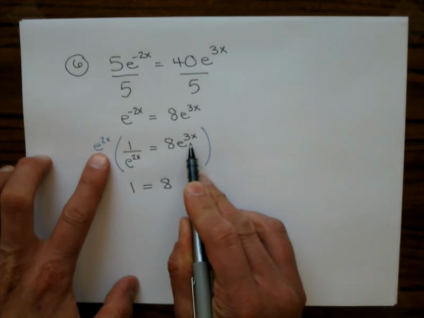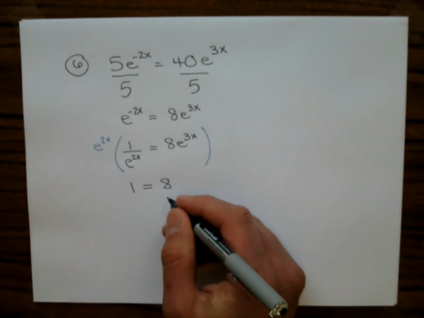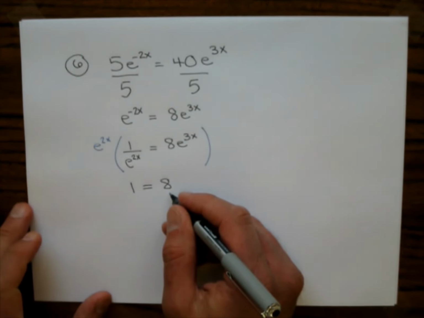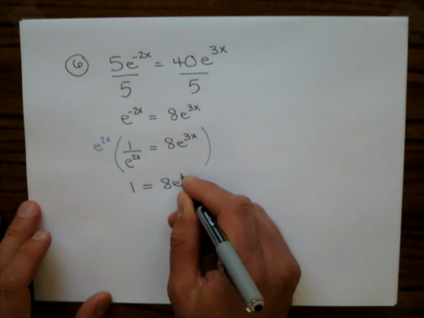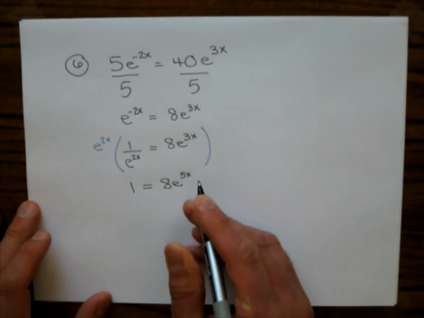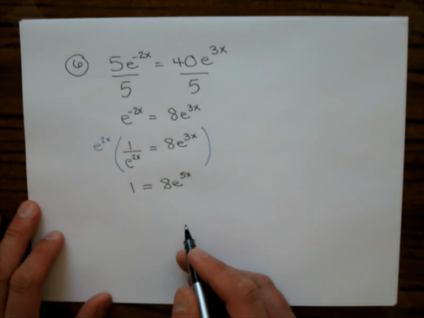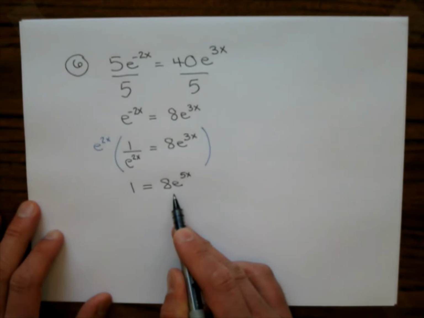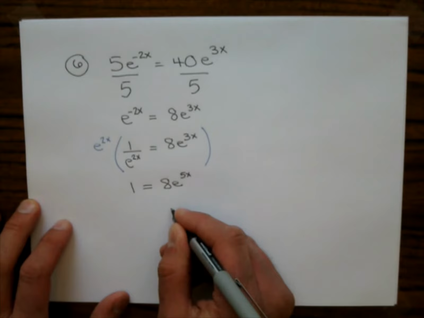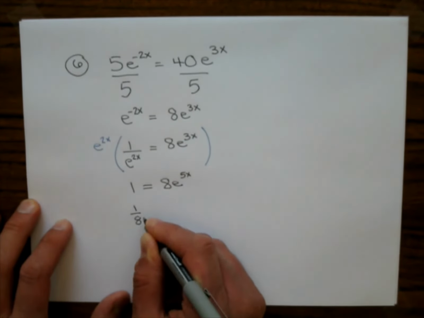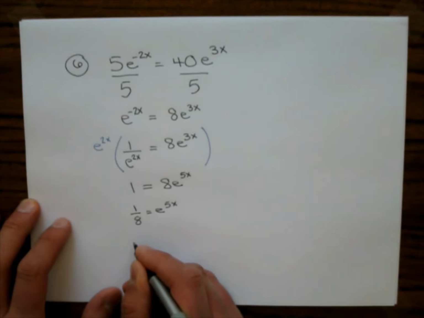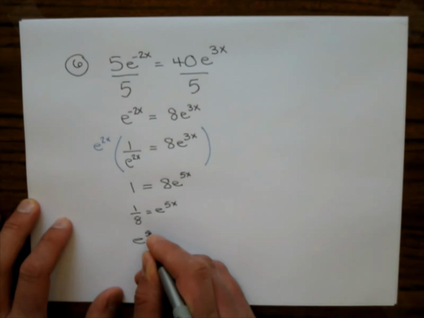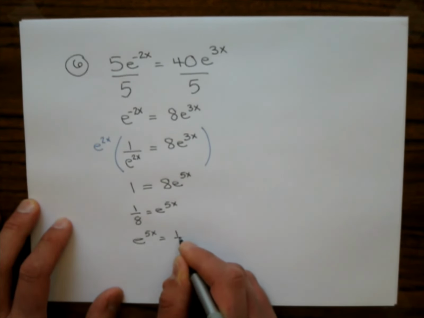I should add their exponents, so this is going to be 8e to the 5x. That's 2x plus 3x. I'm going to divide both sides by 8. I'm going to go ahead and write it like this: e to the 5x equals 1/8. That's a matter of style.